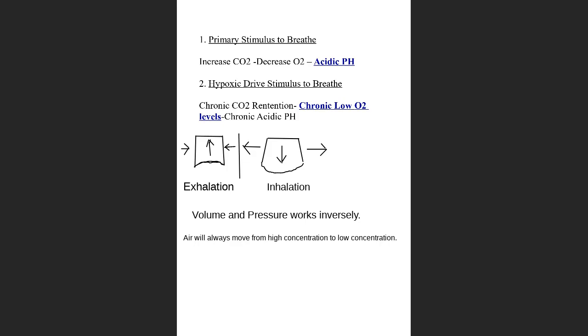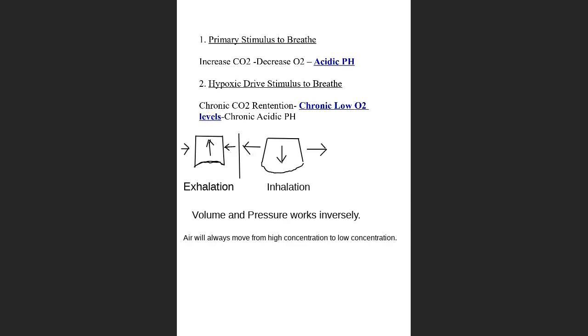So when they breathe out, not all the carbon dioxide is coming out. They retain some carbon dioxide. And that chronic CO2 retention leads to a chronic low O2 level, and they develop a chronic acidic pH over time.